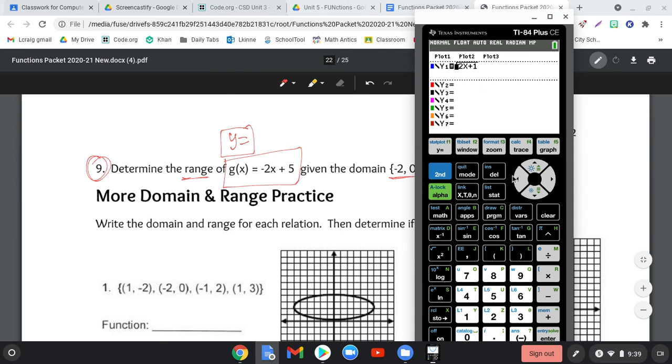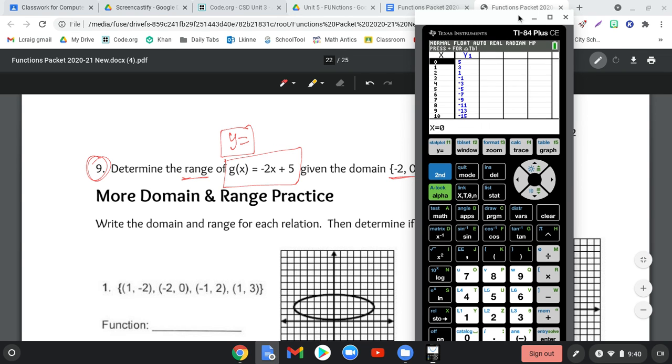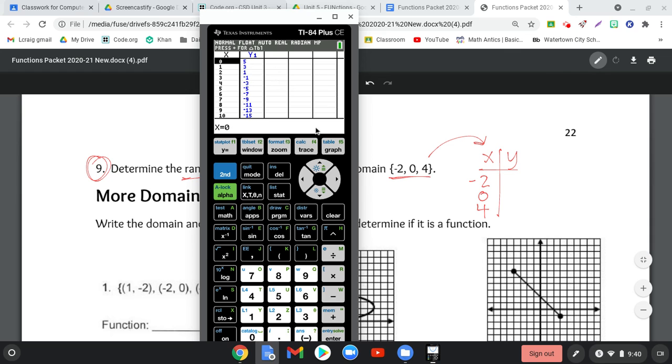So we'll go to y equals. Again, this question should be on the bottom of page 21. All right, so if the first sign's a negative, use the negative, not the minus. -2x plus 5. All right, and then we'll take a look at the table. When x is -2, it's 9.